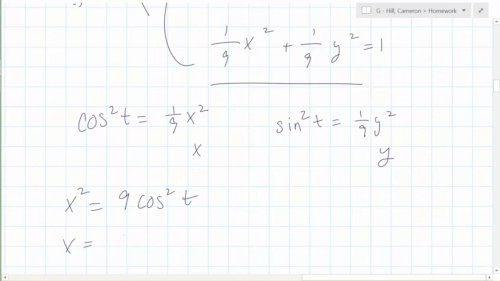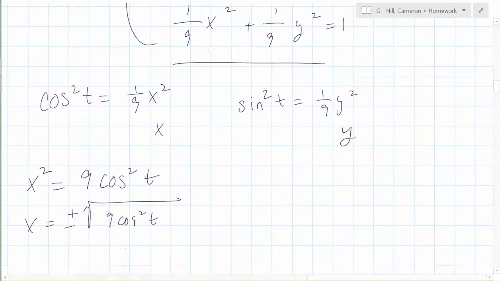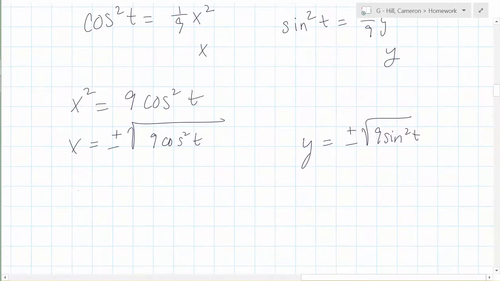So x equals plus or minus the square root of 9 cosine squared t. And y then will equal plus or minus the square root of 9 sine squared t. So this means that x equals plus or minus 3 cosine t, and y equals plus or minus 3 sine t.